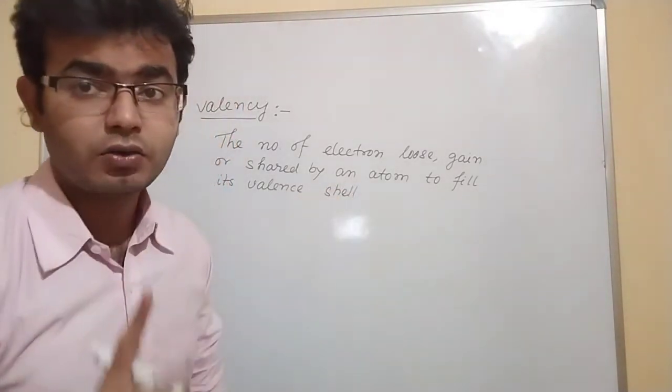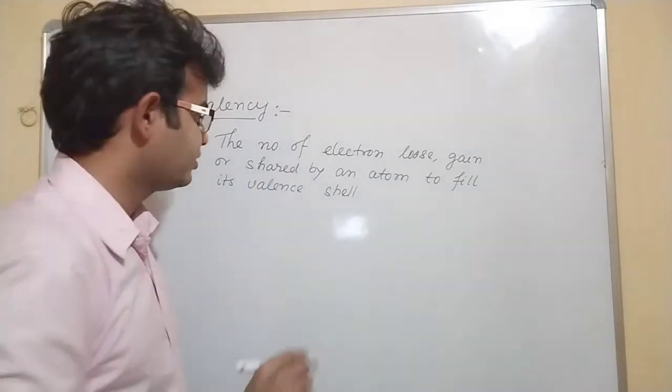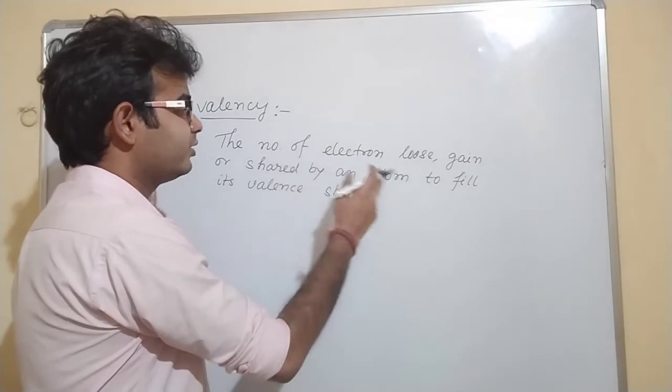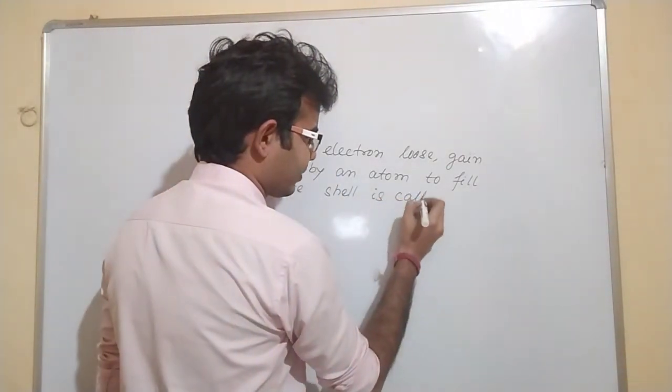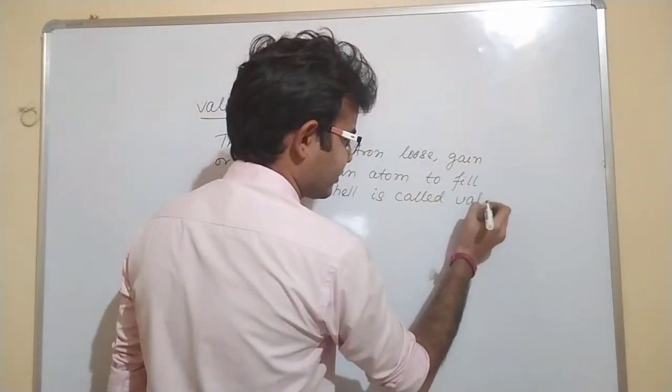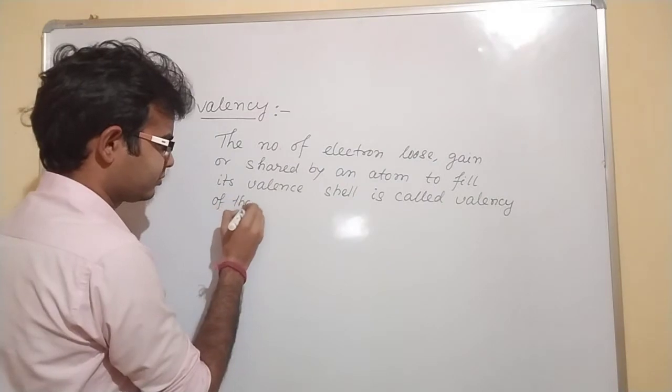Valence shell means the outermost shell of an atom which contains electrons, right? The number of electrons lost, gained, or shared by an atom to fill its valence shell is called the valency of that atom.